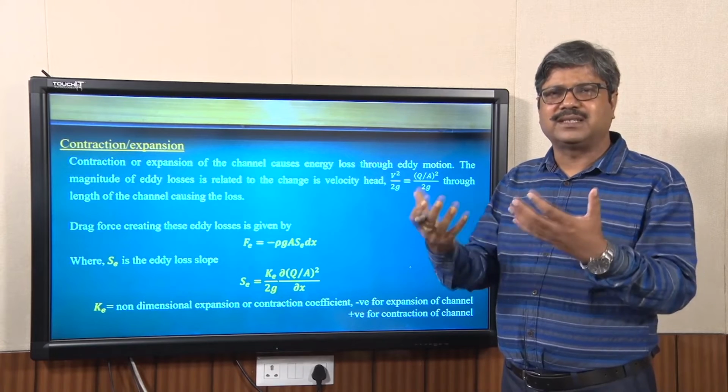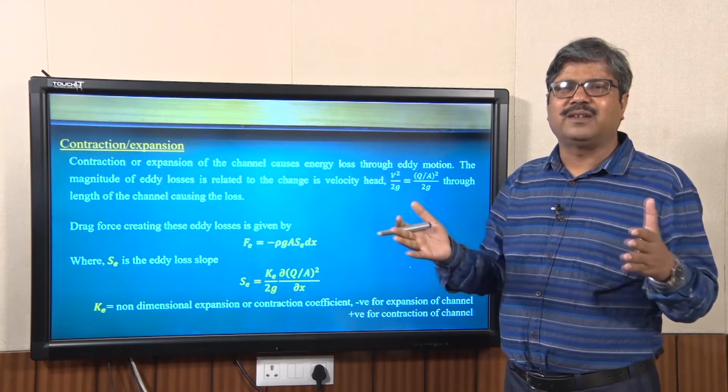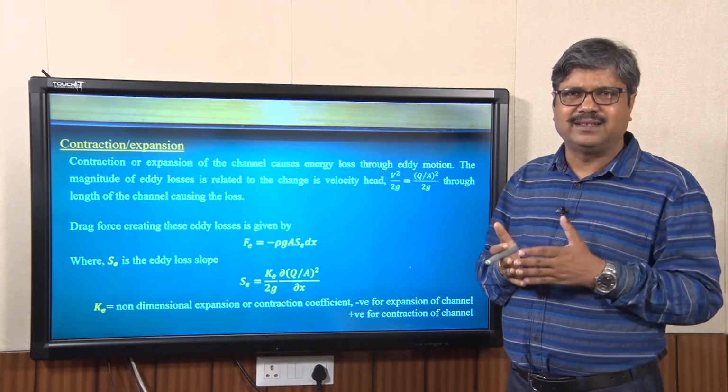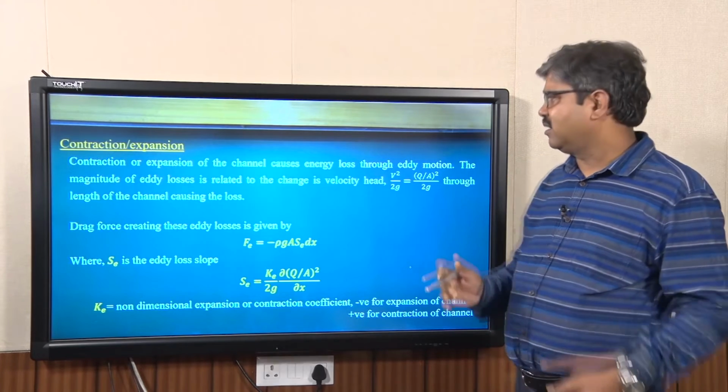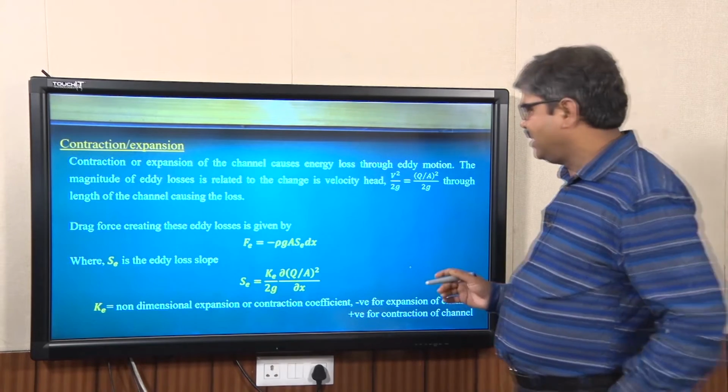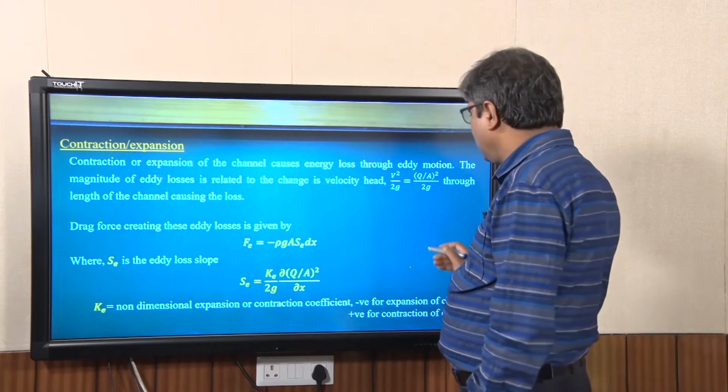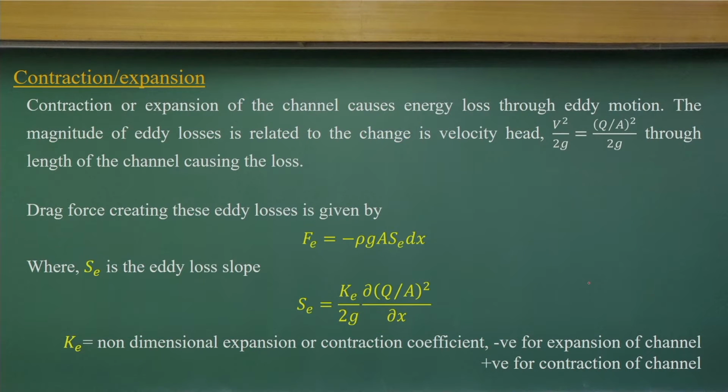But as we discussed earlier, a river is not a constant width channel. There will be expansions and contractions. Let me sketch a simple control volume for you. I will have an expansion of the flow, where q is the amount of flow coming in over the distance delta x.